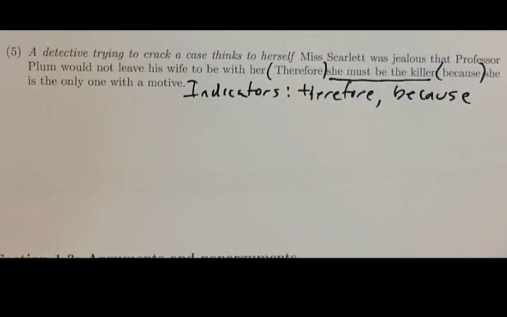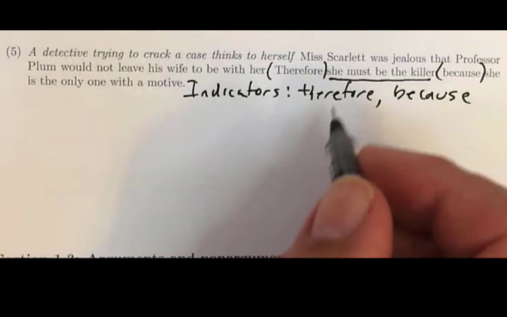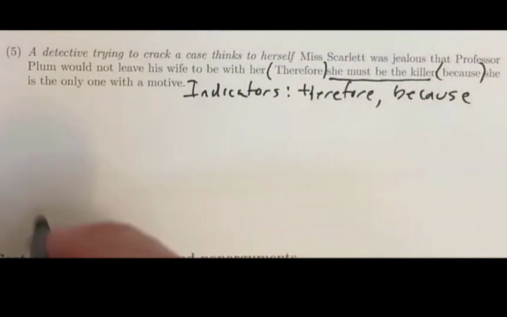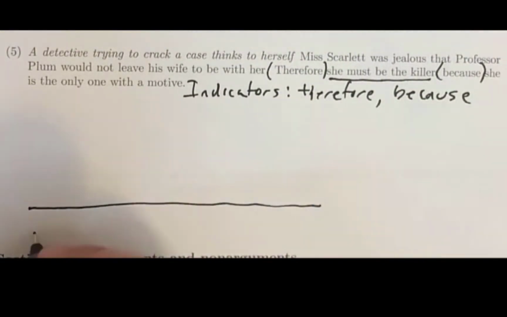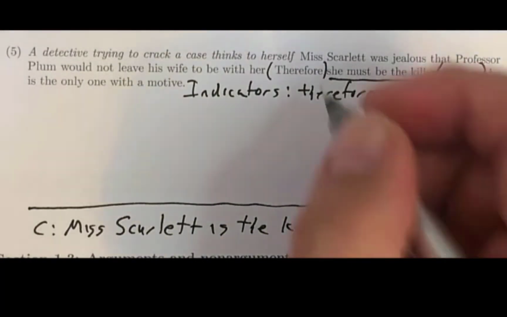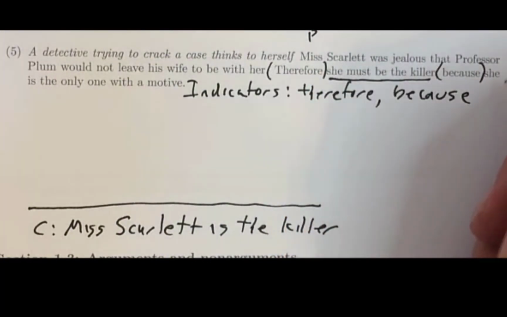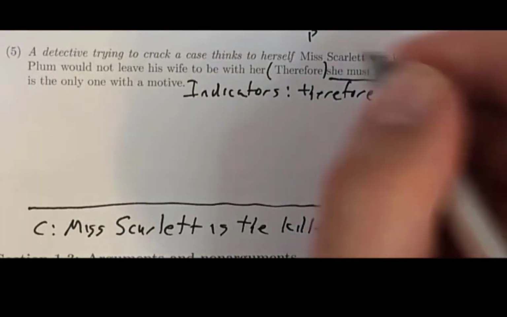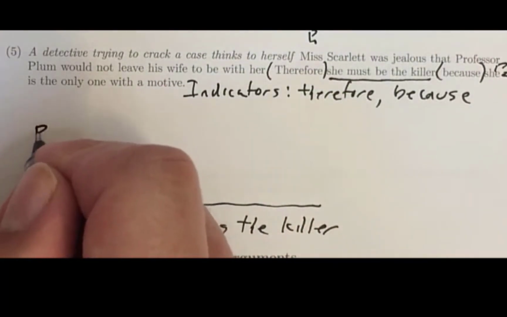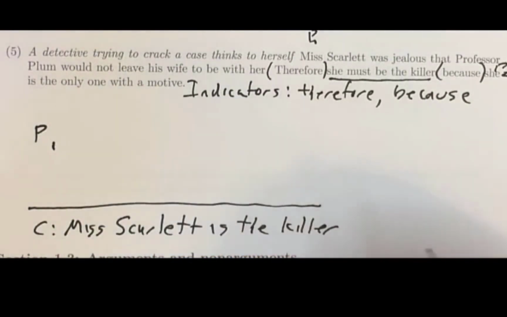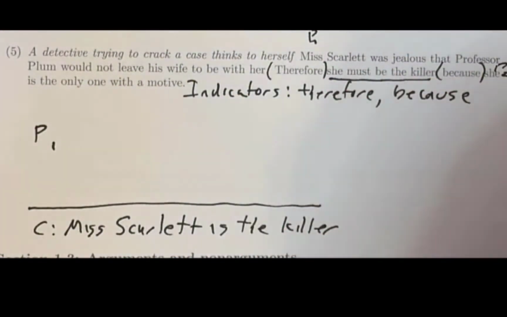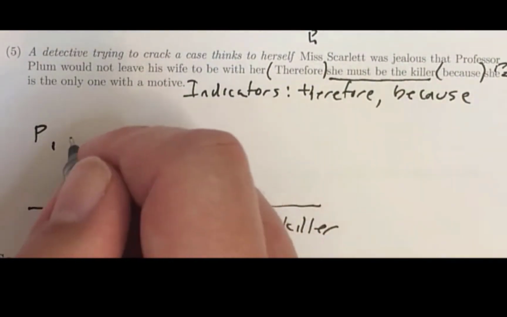Miss Scarlet must be the killer. So when we write this in, we can just substitute Miss Scarlet for the pronoun she. And now we see that the things on either side of the conclusion are premises, P1, P2. And we can just shorten this full long premise to Miss Scarlet was jealous.